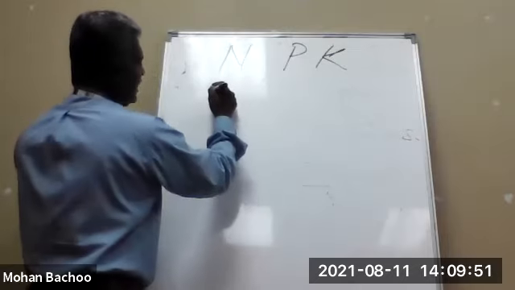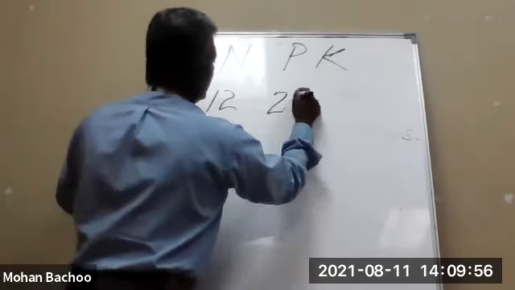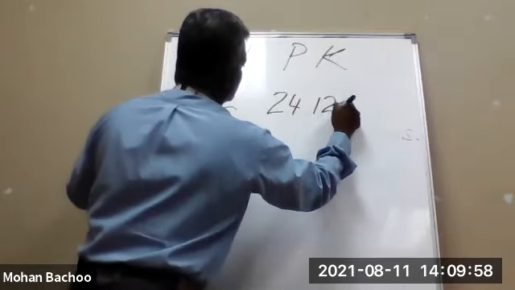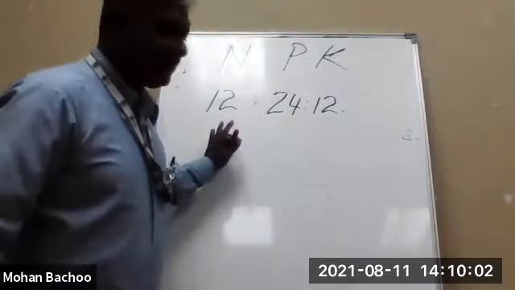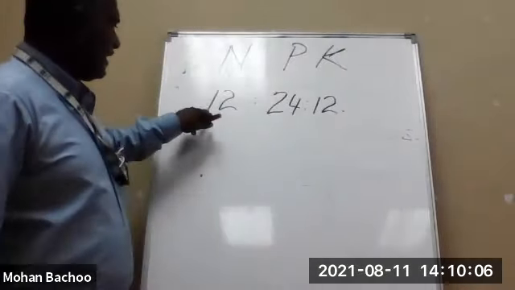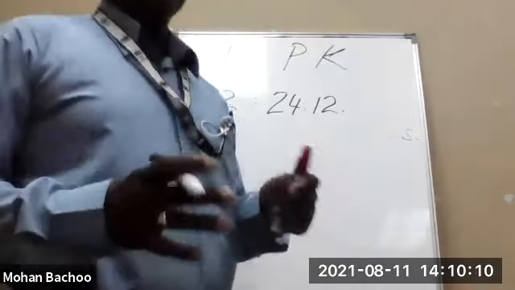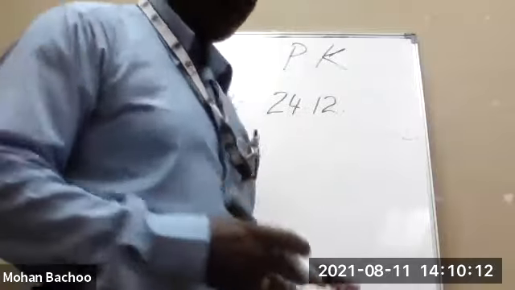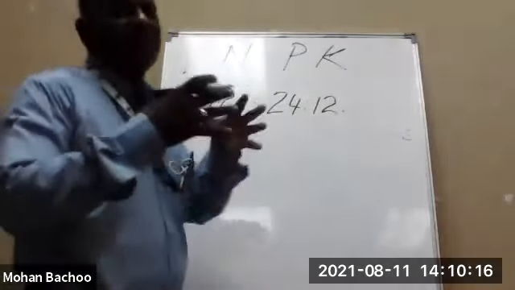So I'm going to use this nice one: 12, 24, 12. You get that? Meaning, if we add this up, we only get 48%, right? 48% is nutrients. The other 52% is just a carrier or filler.